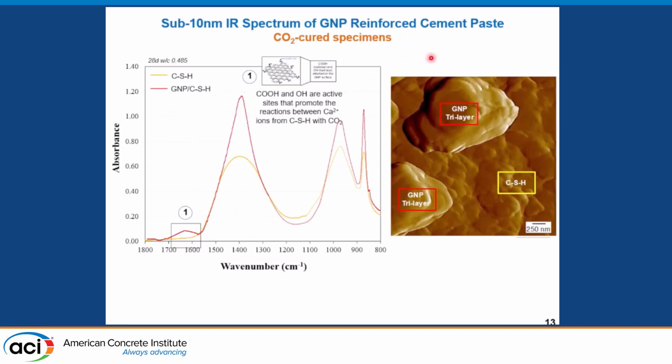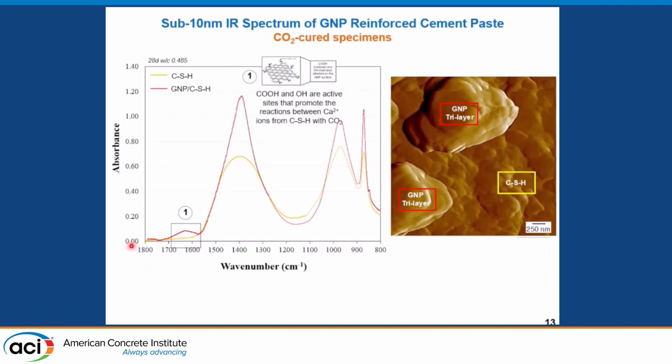So now I will show you the spectra of the GNP cementitious materials. As I mentioned before, adding GNPs typically modifies the IR wavelength range of 1970 to 2200, where the double carbon bonds are visible. We are not showing this peak in this graph because our NanoIR stops at 1800 wavelength.